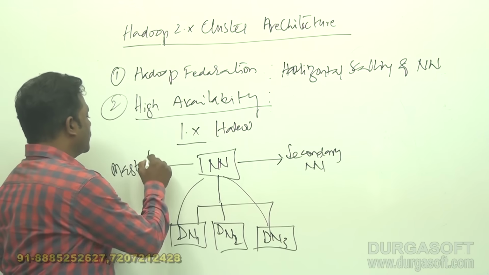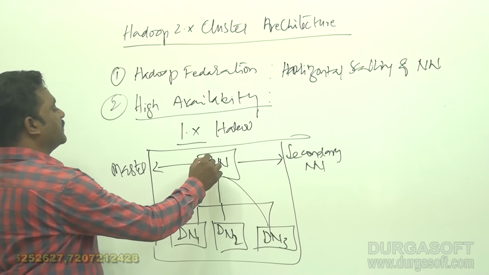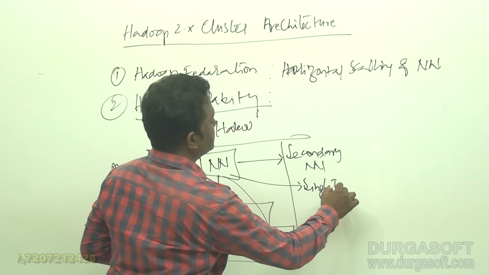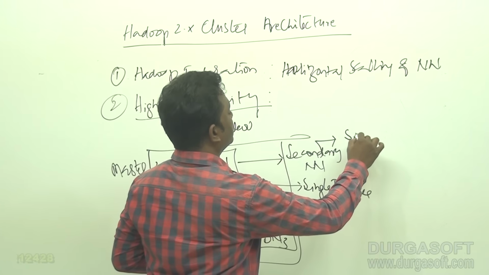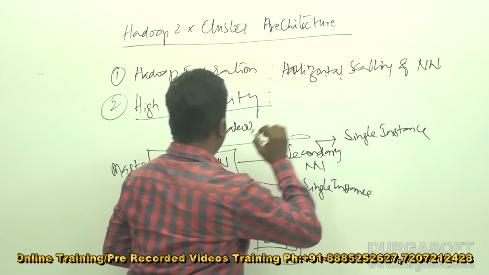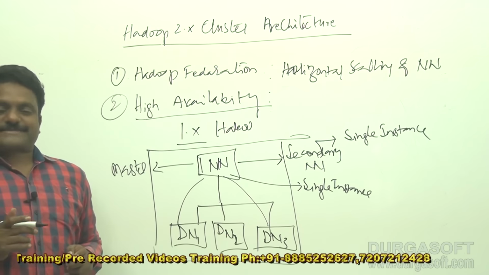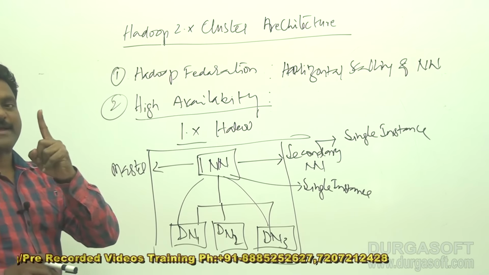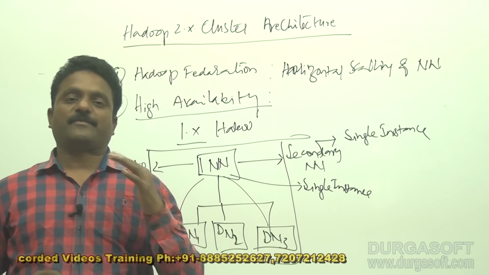Overall, if you look at this diagram, we have the name node as a single instance, a single machine, and the secondary also as a single instance, a single machine. As we have seen, the name node is the master node of the cluster. The 1.x architecture runs on one name node for the cluster.